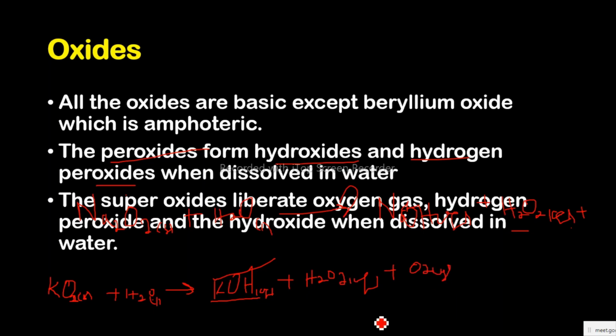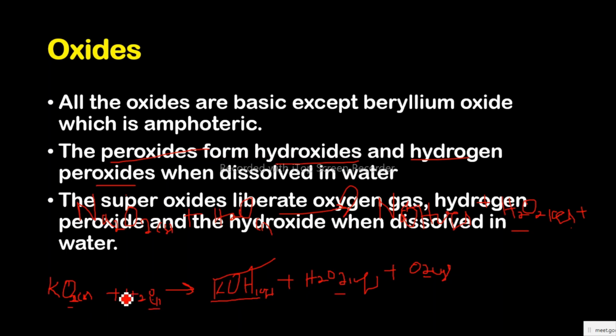Now the next thing is, is it balanced? Okay, let's balance it together. Let's start with oxygens. This side you have 2, then 4, then 5. This side we have 2 plus 3.